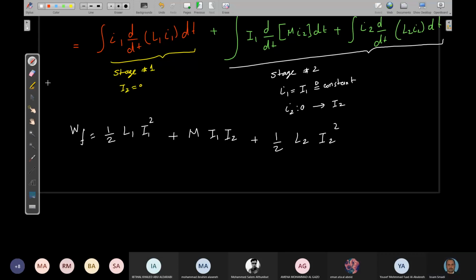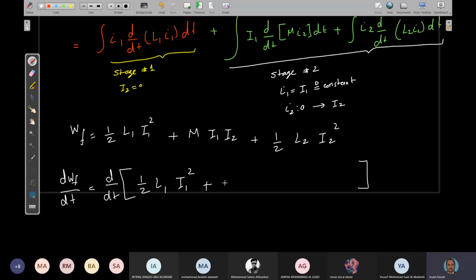Good. Now, if this is the field energy, I need to calculate the rate of the change in the field energy in order to extract the mechanical power. Now, the rate of the change of the field energy is d omega f by dt. So this will be d by dt of the field energy, 1 over 2 L1 I1 square plus M I1 I2 plus 1 over 2 L2 I2 square.